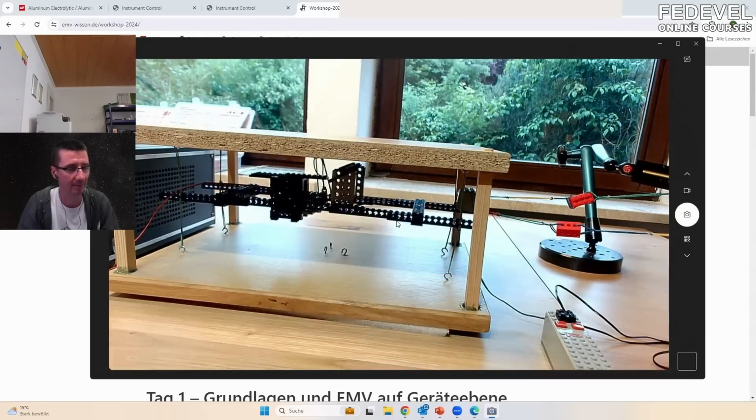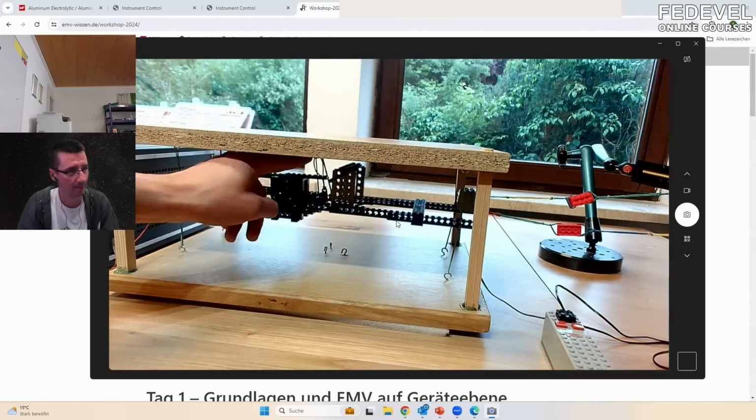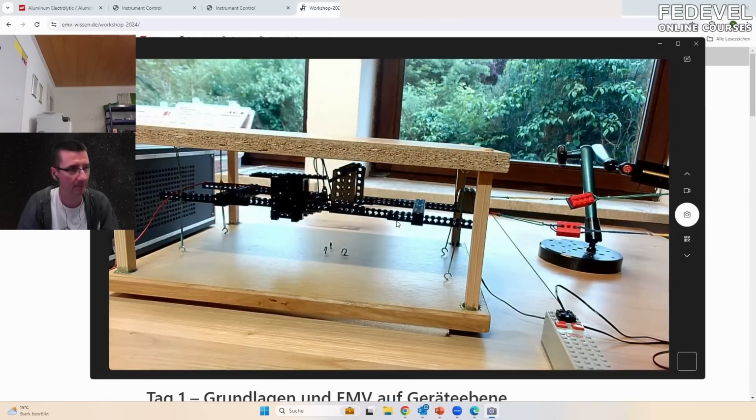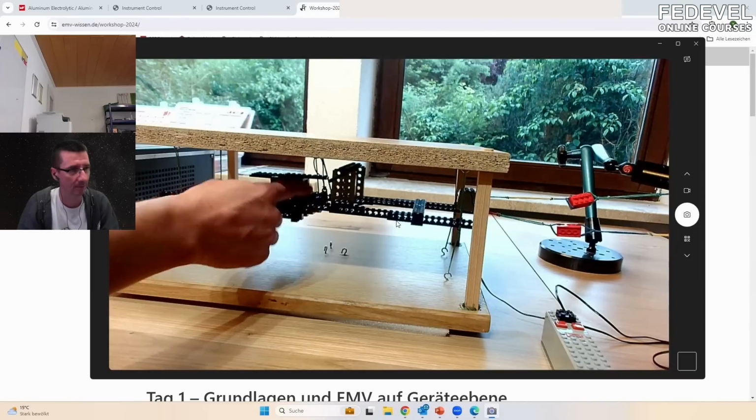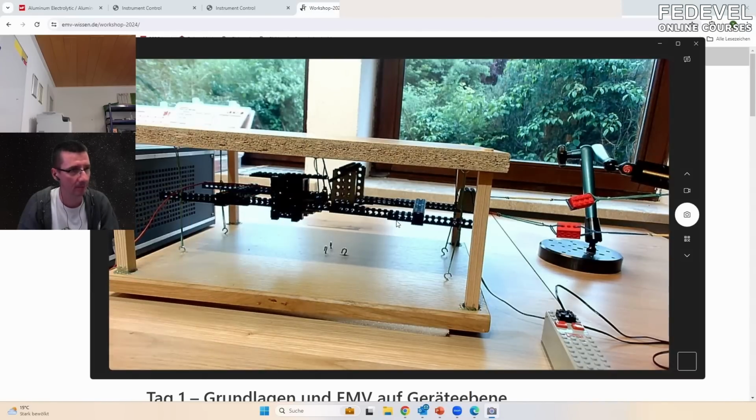When you now have a Y capacitor, which is often used in power supplies as a stabilization to the housing, it looks a little bit better. It's not moving so much as before, but it's still moving. And when you get to a certain resonance frequency, then you have problems again.